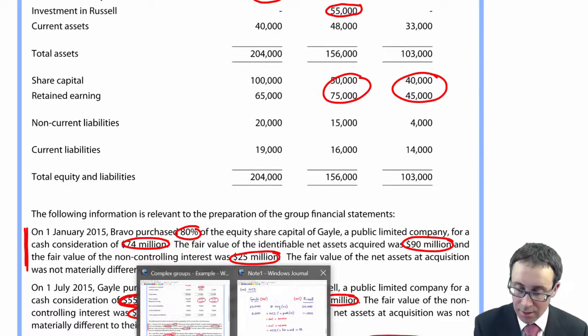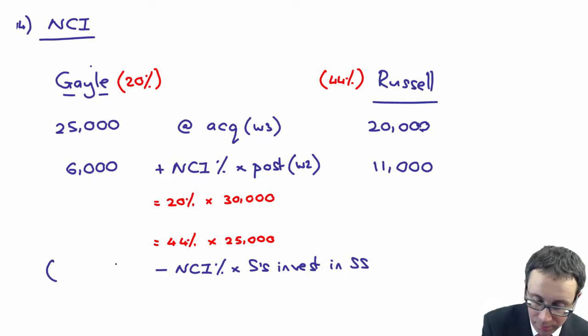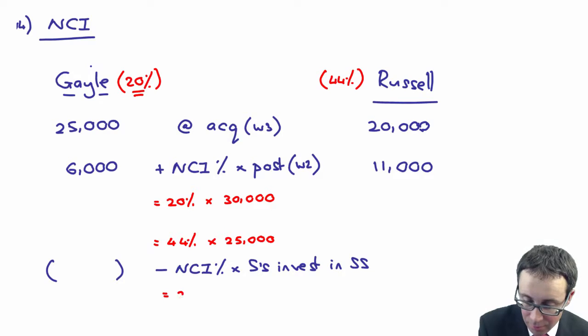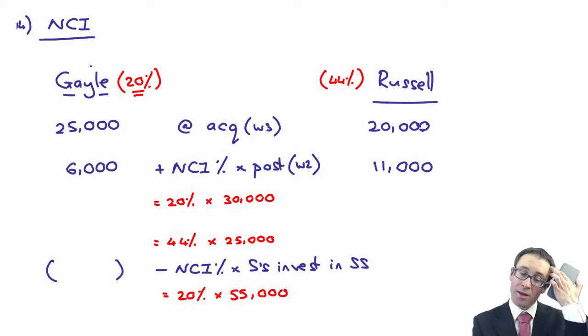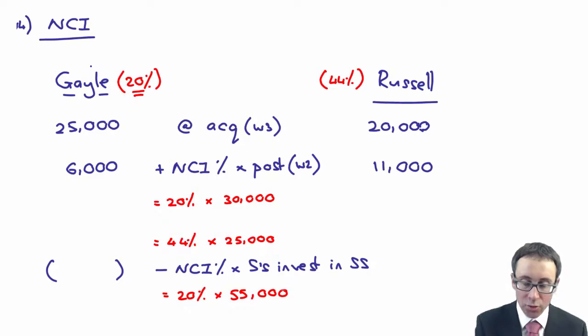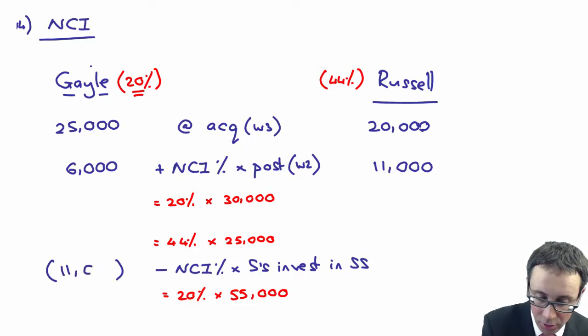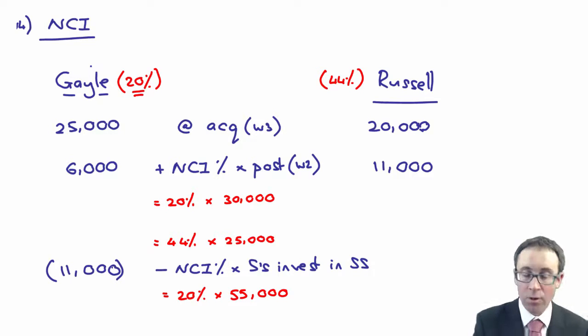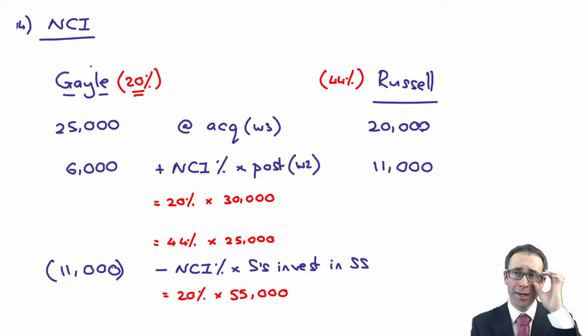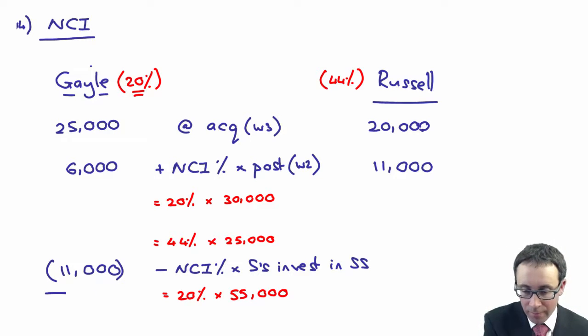So we need to deduct the correct percentage, so 20% of the 55,000. We've already adjusted for 80% in the Goodwill calculation. Here we're just adjusting for the other 20%, because when we're calculating the non-controlling interest in the sub, we want to calculate it in the sub only. We want nothing to do with the sub-sub, so we need to remove it.